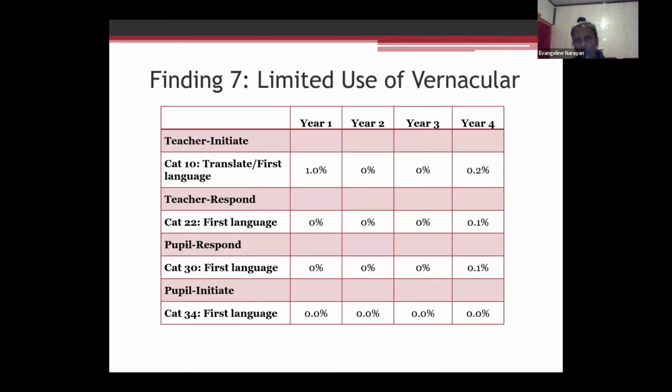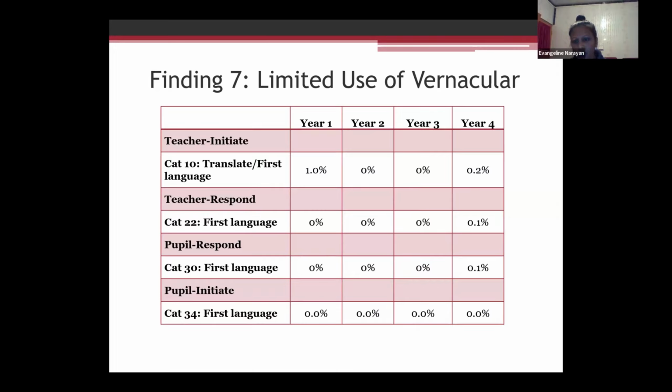So the reason why vernacular is rarely used in classrooms in Fiji is because of the submersion model of education we have in place. English is the medium of instruction, the default language. And students and teachers both know that that's the language that needs to be used in the classroom.